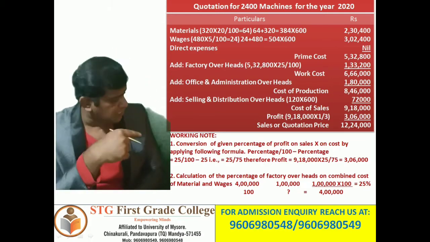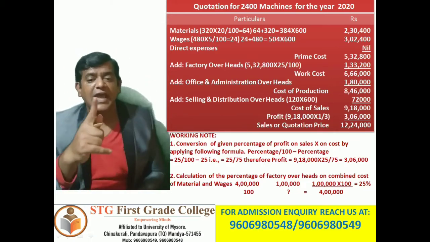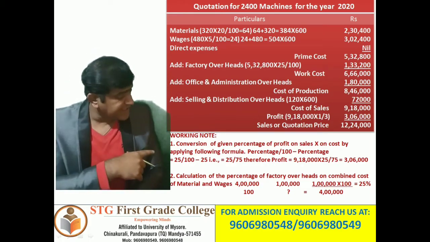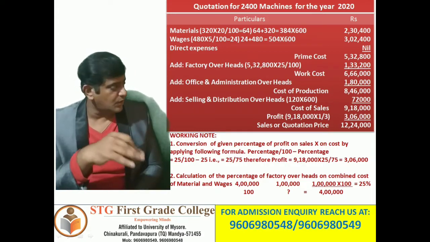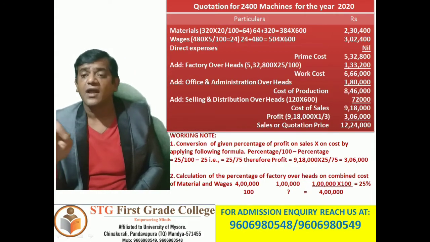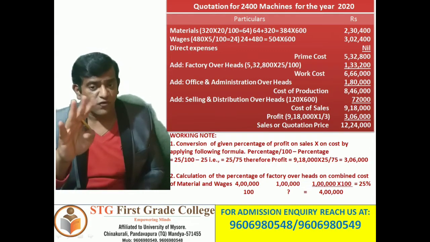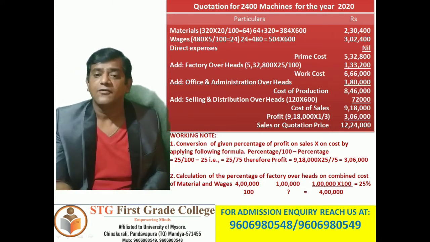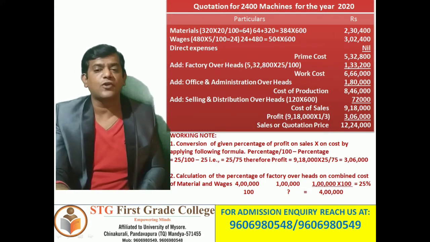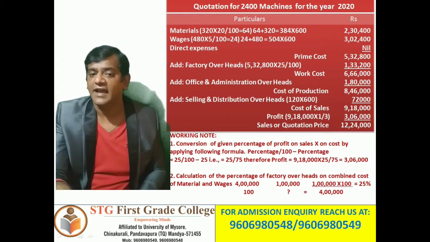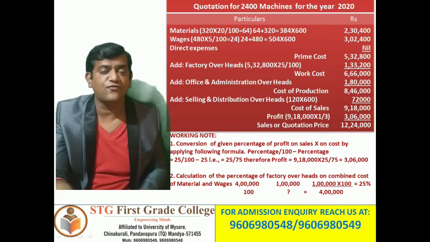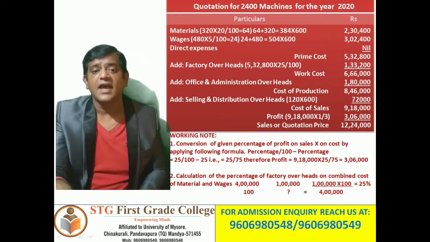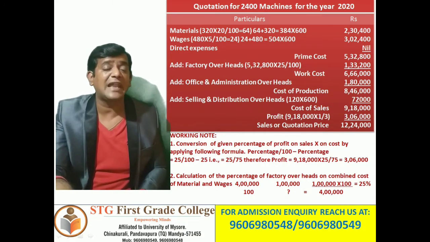See working note number 2 which I have prepared here. Calculation of the percentage of factory overheads on combined cost of materials and wages, as per the information obtained from the cost sheet. 4 lakh rupees is the combined cost of direct material and direct wages, and factory overheads was 1 lakh rupees.